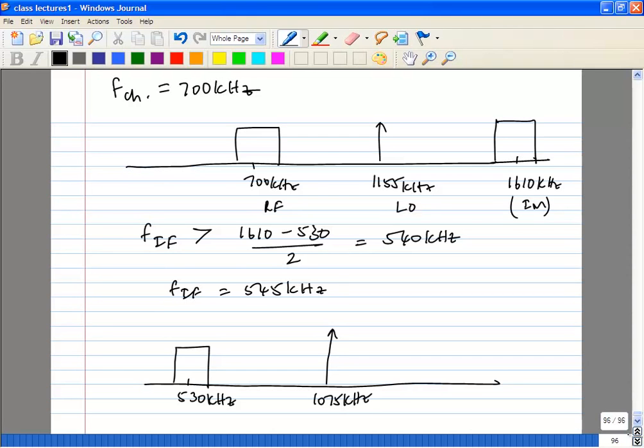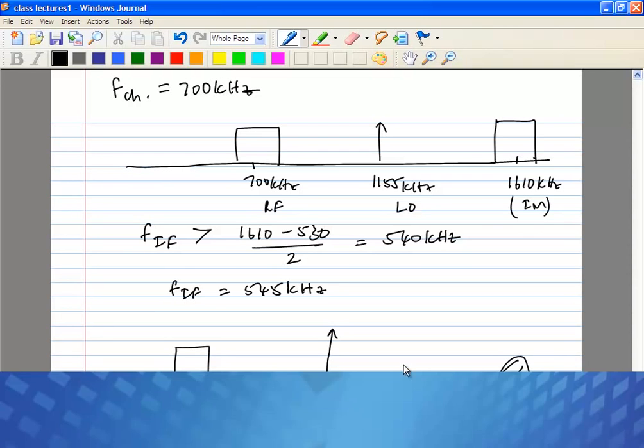And your image is now 1075 plus 545. So it's 1620 kilohertz. Okay.